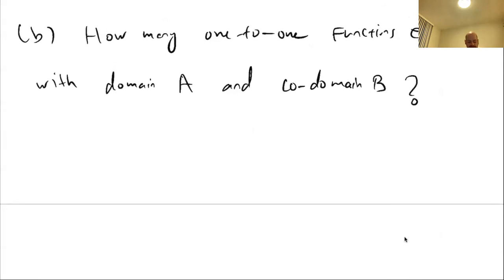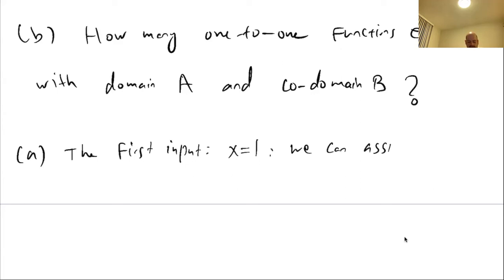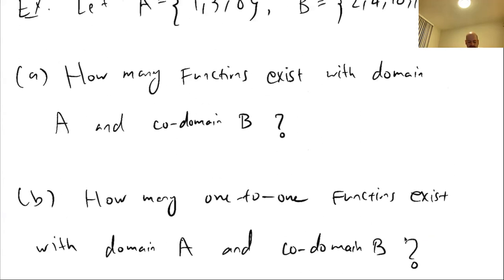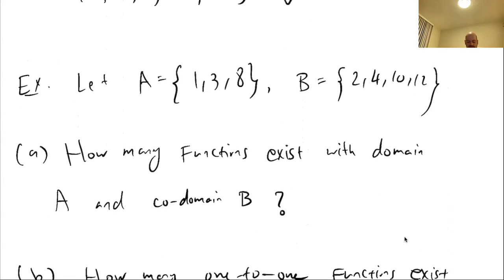So part A. The first input is x equals 1. How many options do we have to assign as an output?